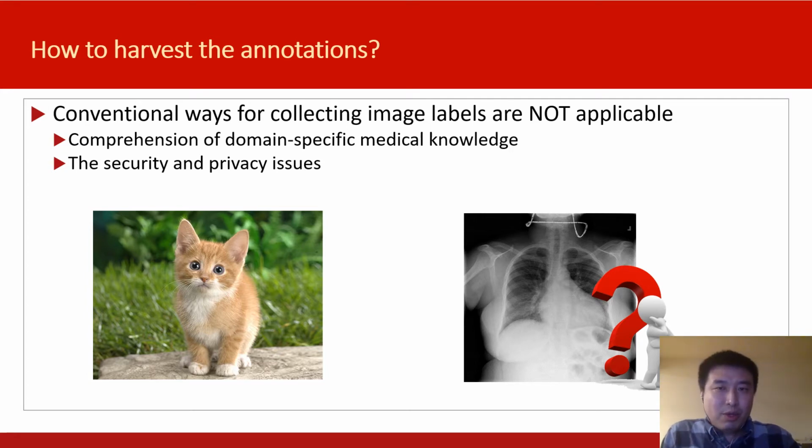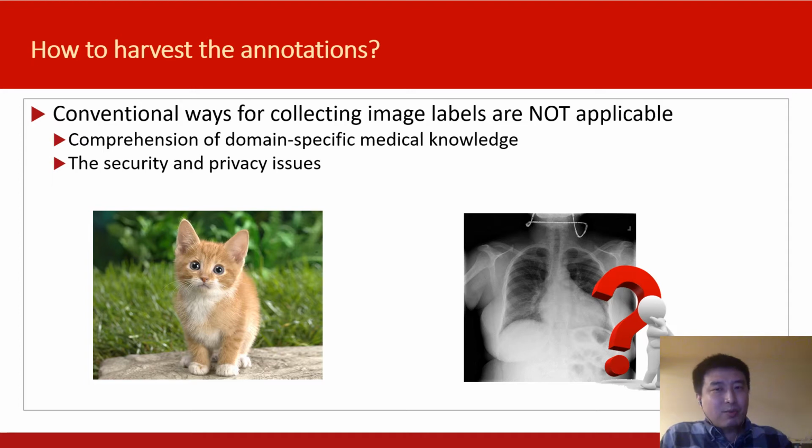And number two, there are also issues of security or privacy. It is much harder to put medical images on the internet and ask people around the world to annotate them. So both of these reasons make it very hard to construct a labeled medical image dataset.